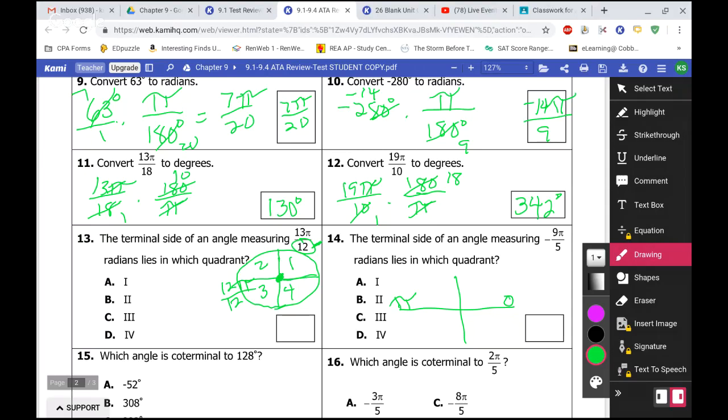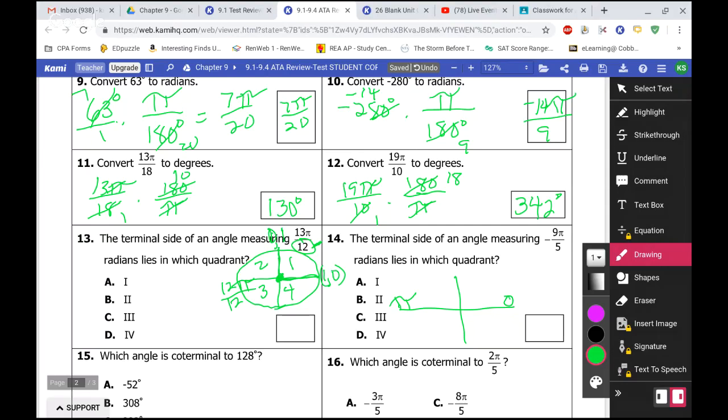So if I go one right here, I've gone 1 unit right and no units up. So that's why the coordinate is 1, 0. And if I go 1 unit up, I've got 0, 1, because I haven't gone left or right any. That's where the quadrants come in.